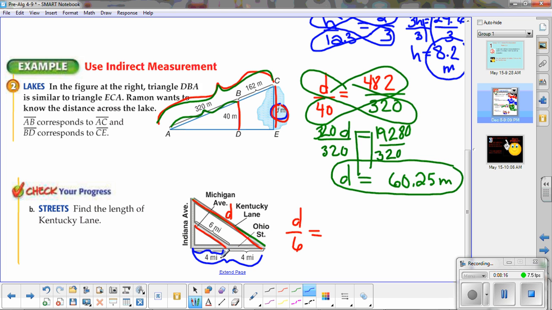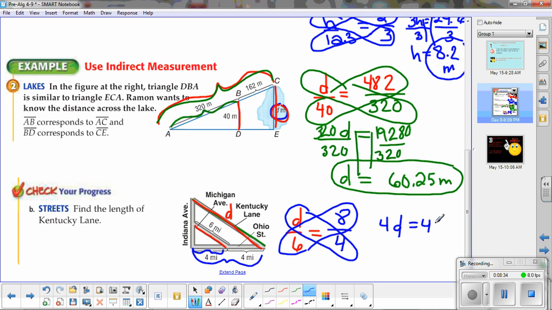The big one is 4 plus 4, which is 8. And the small one is 4. So D times 4 is 4D. And 6 times 8 is 48. Divide both sides by 4. D equals 12. And this is in miles, so 12 miles.